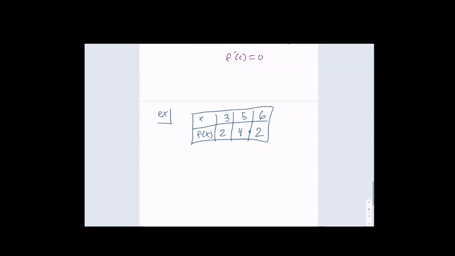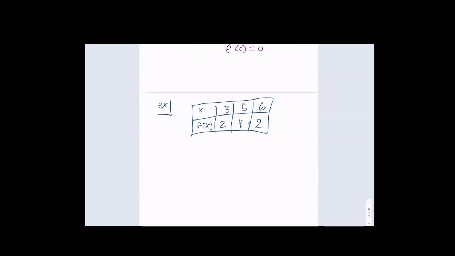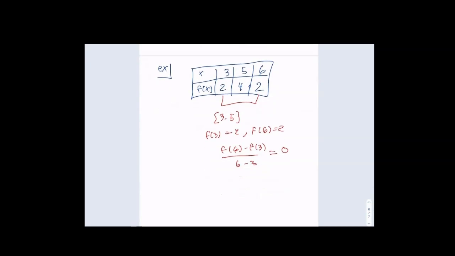The idea here with Rolle's theorem is that you can specifically note that the slope is going to equal 0 right here, because if we notice the two outputs, f of 3 is 2, f of 6 is 2, so f of 6 minus f of 3 over 6 minus 3 is going to equal 0, because it's going to be 2 minus 2 on top.